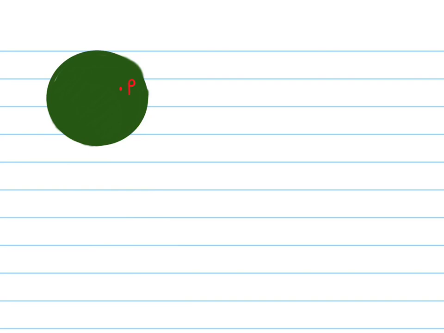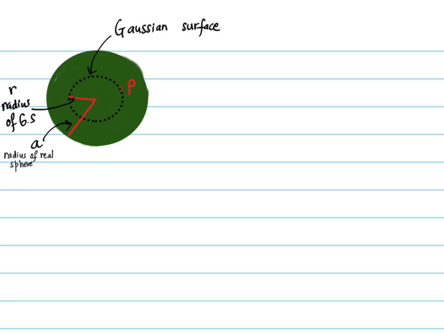Now if the point is inside the charged object, then we'll draw the Gaussian surface inside, and A is the radius of the real sphere, whereas r is the radius of the Gaussian sphere. And we know that the dotted circle is the Gaussian surface. Now, the whole charge on the object is Q, but inside the Gaussian surface, we'll not have all the charge Q. We'll have just the charge which is inside the surface, so it is Q in.